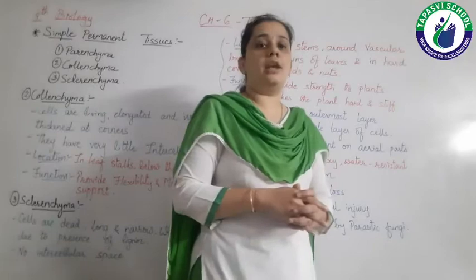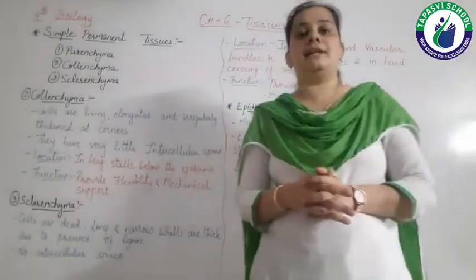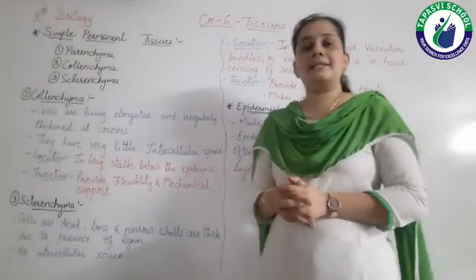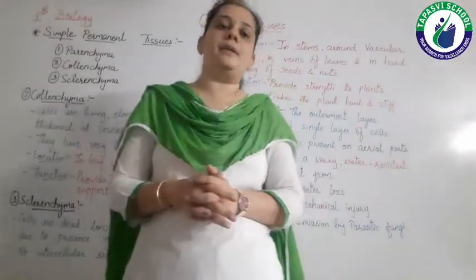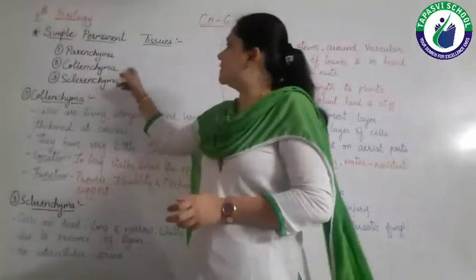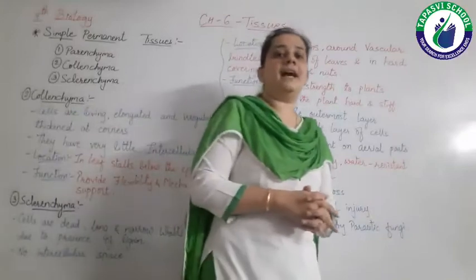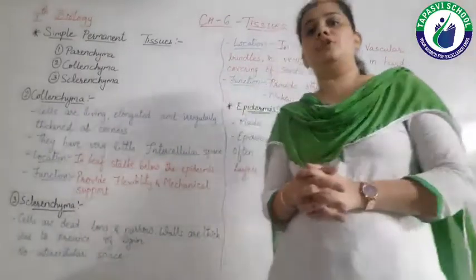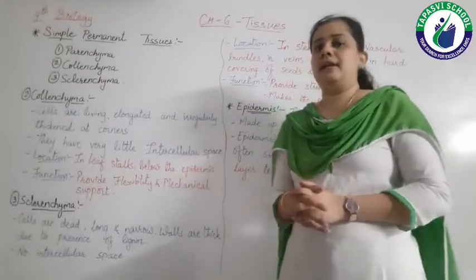So this is all about what we have learned in the previous lecture. Now let's go towards the next simple permanent tissue, that is collenchyma. So like parenchyma, collenchyma is also a type of simple permanent tissue, right?